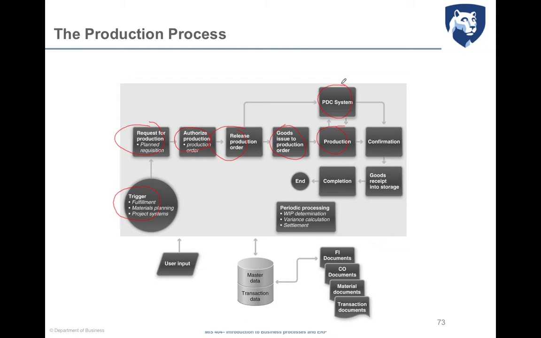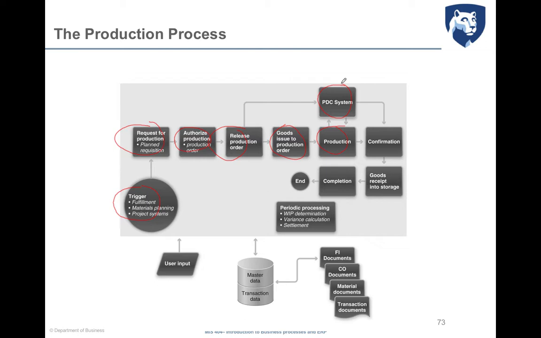But on paper, production should involve the use of information system like the PDC, plant data collection system, that use data from the ERP system to execute then production in the shop floor.